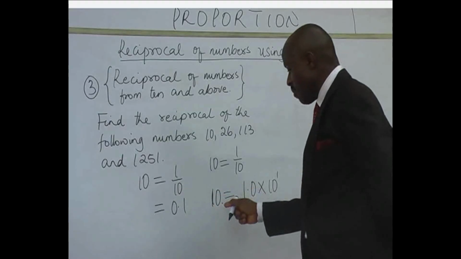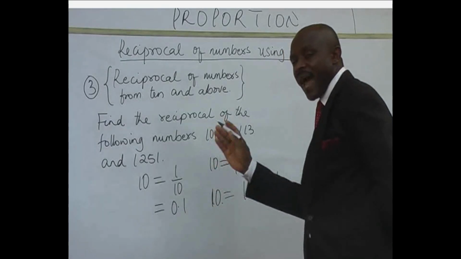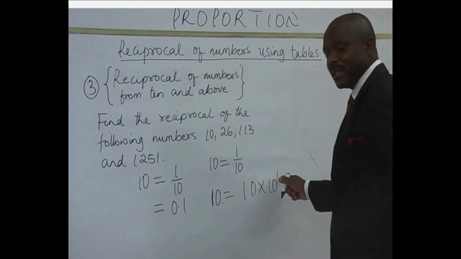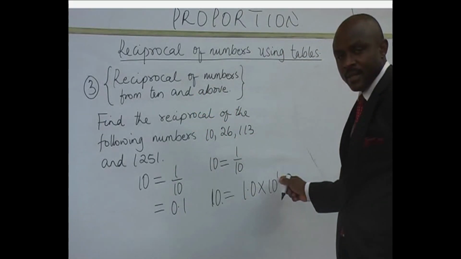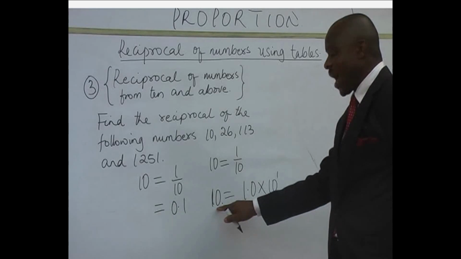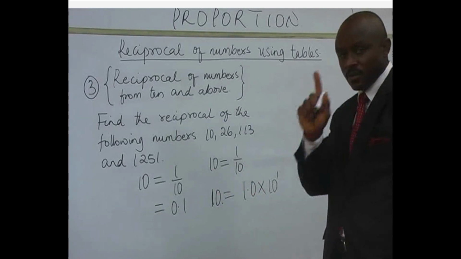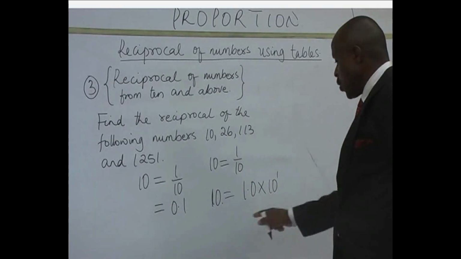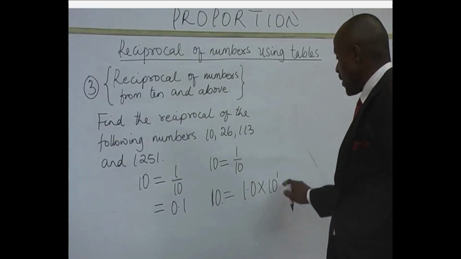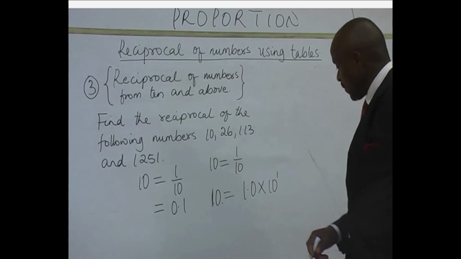But in this case, you are moving the decimal from the right to the left. That is why our index, our exponent, is now a positive 1, because we moved the decimal across 1 digit towards the left. So 10 is the same thing as 1.0 times 10 exponent 1.